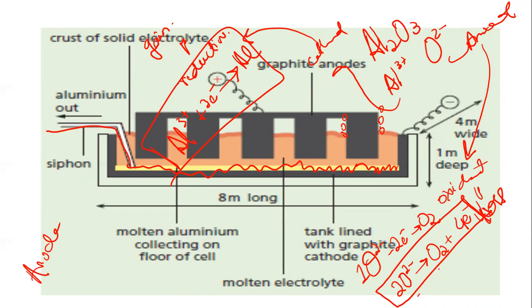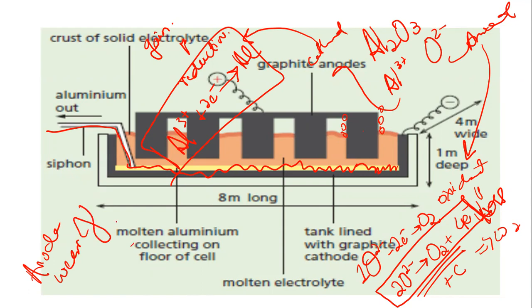At the anode, we were producing oxygen gas, right? So the carbon of the anode starts to react with the oxygen and produces carbon dioxide. Because the anode reacts with the oxygen, it starts to wear off. That's what you're going to go ahead and write down.